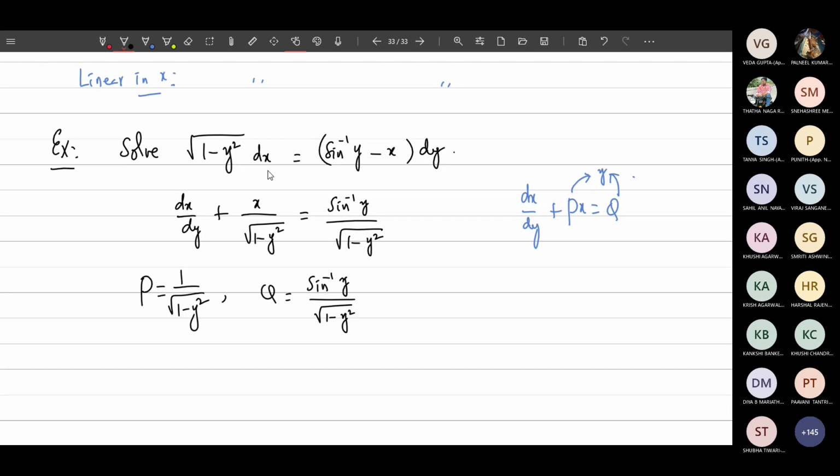N means the dy coefficient, and n contains x. We have x in this already, and the dx coefficient is m. The m is a function of y only. There is no x term in it at all.